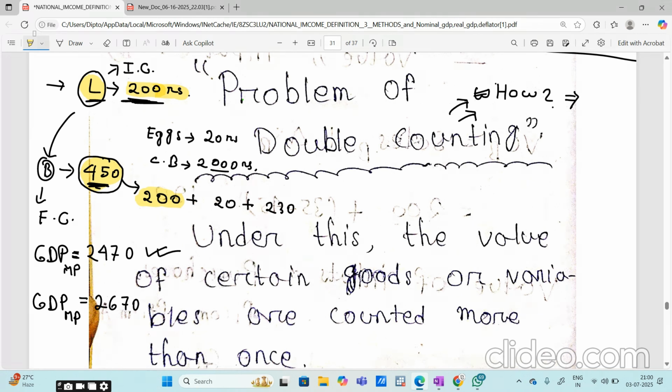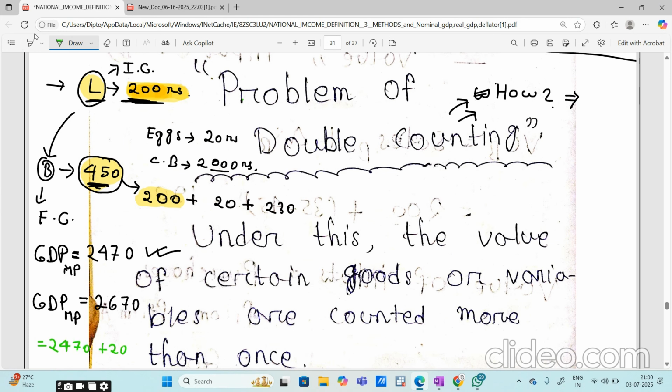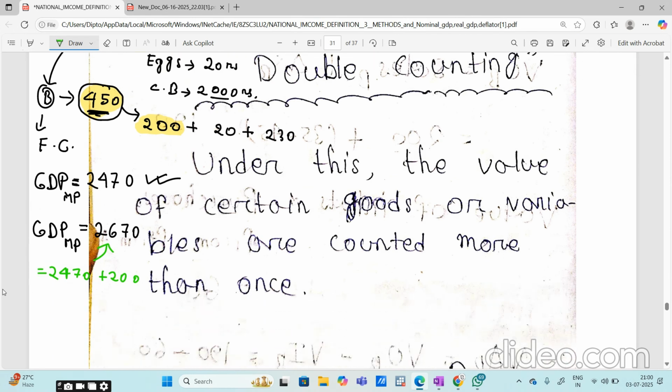Now if we again count this value of the intermediate good, the leather, then there will be a problem of double counting. This 200 rupees is double counted. It is counted twice, right? Because this is 2470 GDP plus 200. In this way we have obtained this 2670 when we are considering the intermediate consumption also.